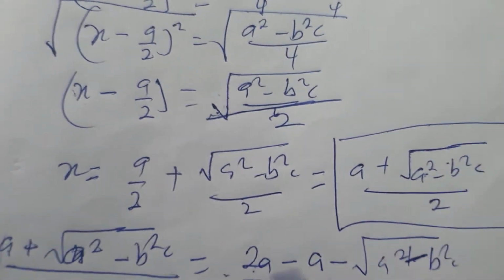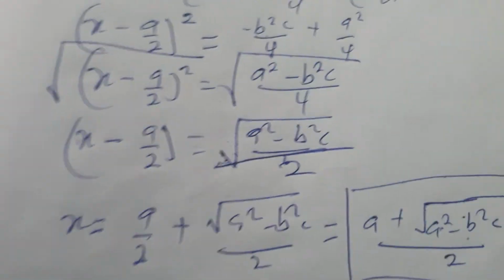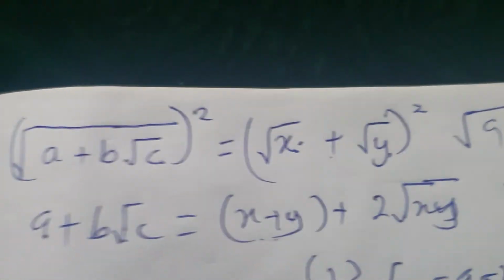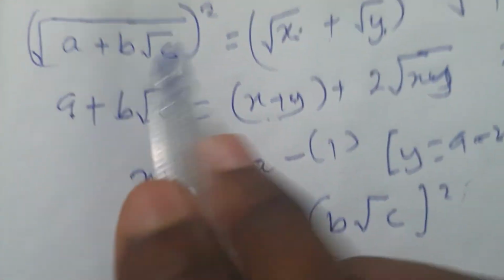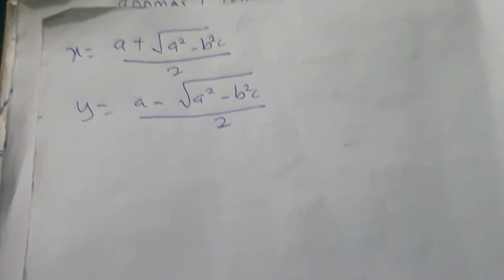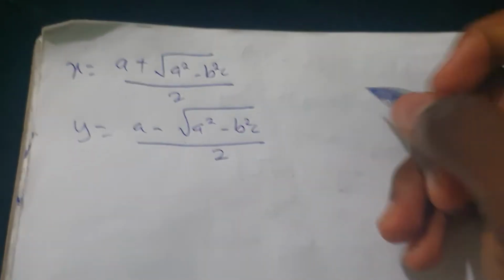So this is the general solution, that if you have any kind of surd in this formula, then you have to find the square roots. This is the final or the general solution. Okay, so this is it.